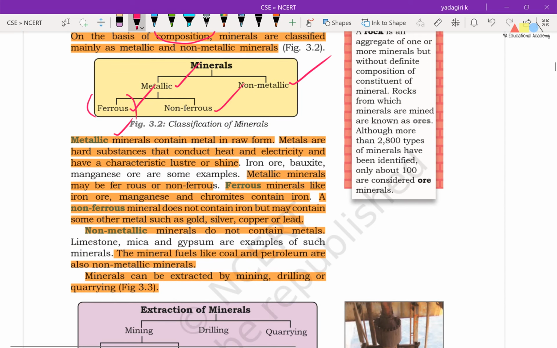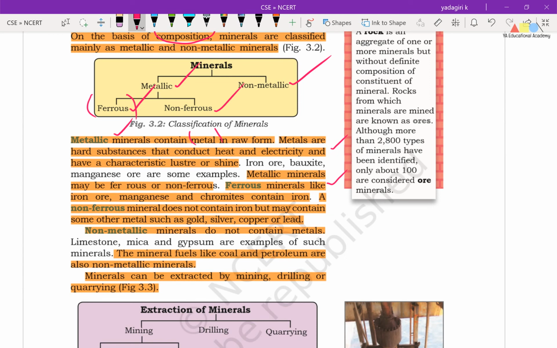Right friends, metallic minerals contain metals in raw form. Metals are hard substances that conduct heat and electricity and have a characteristic luster or shine. Friends, metallic minerals may be ferrous or non-ferrous.